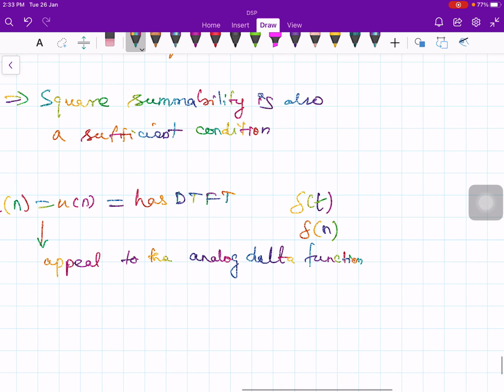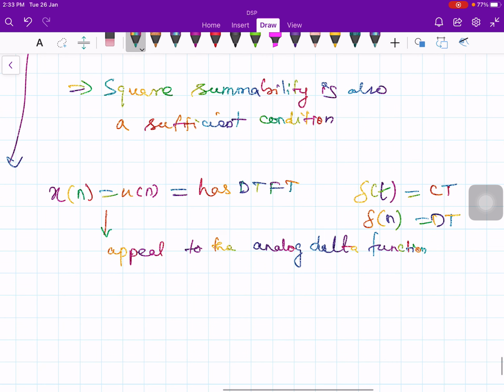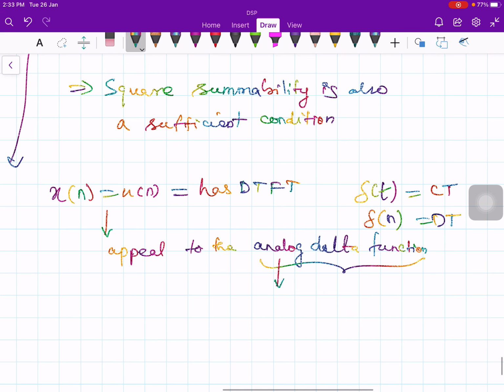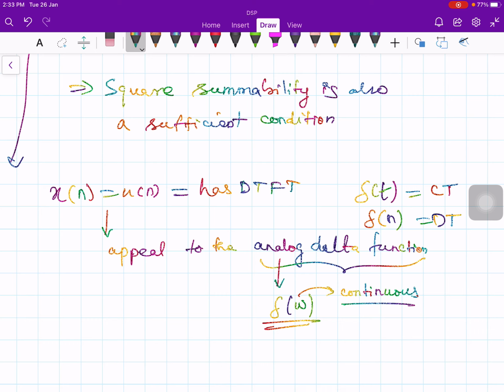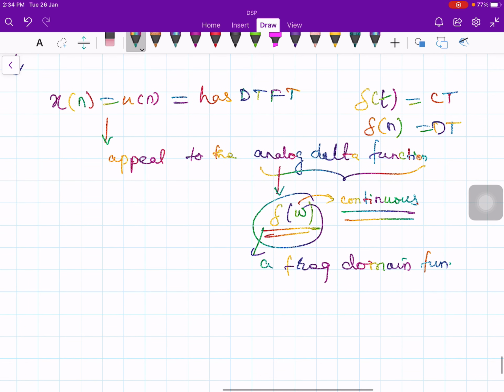Similarly, we have an analog delta function in the frequency domain, called del of omega, where this omega is continuous. So this del of omega is a frequency domain function, frequency domain continuous. Don't confuse.